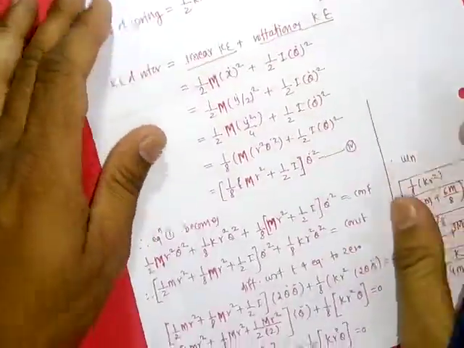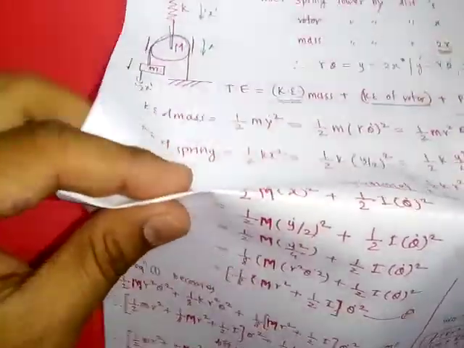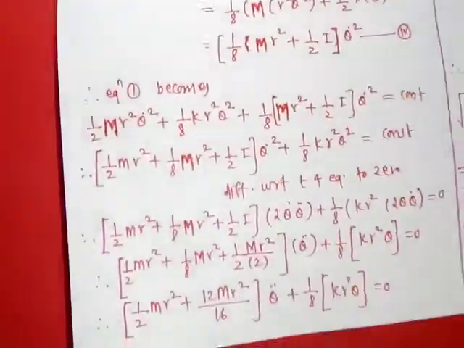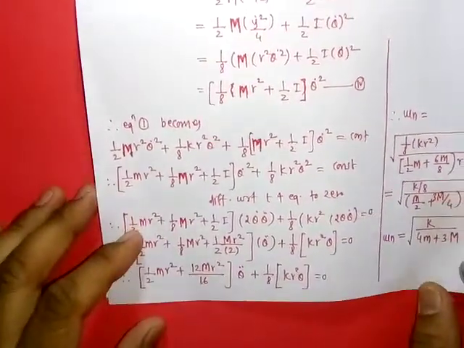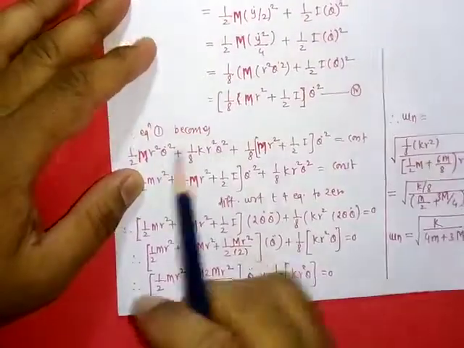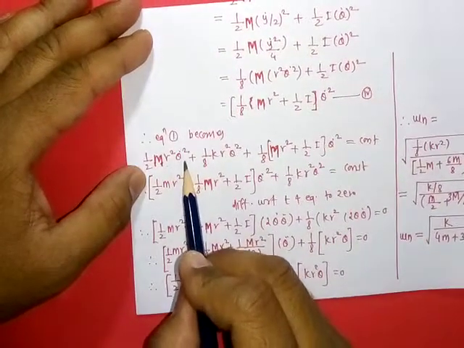We get here 1/2 m r square theta dot square.